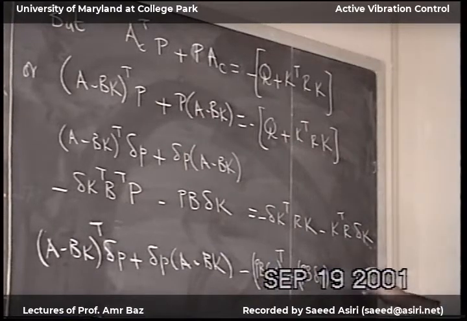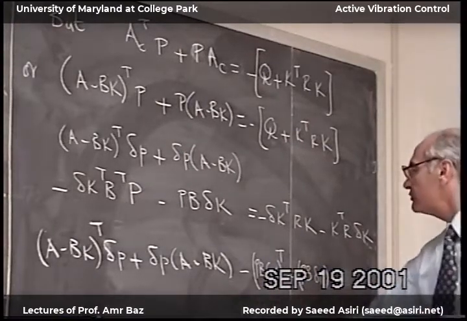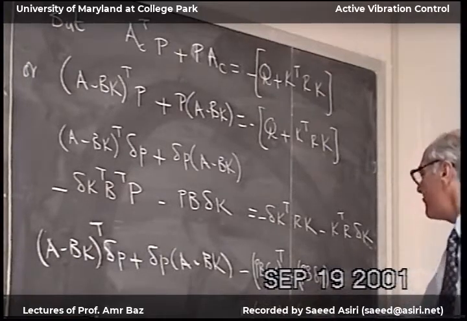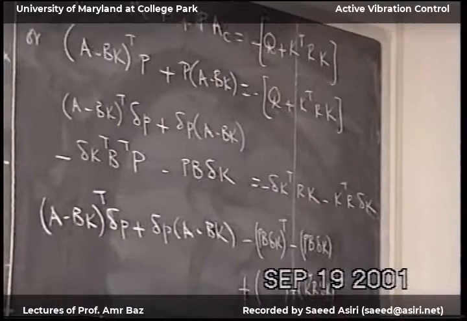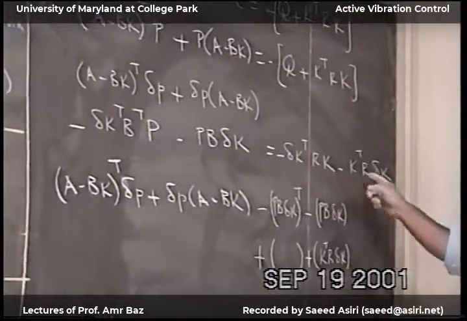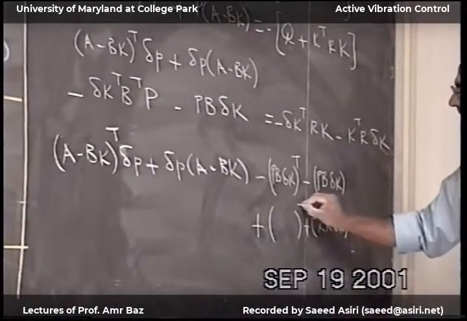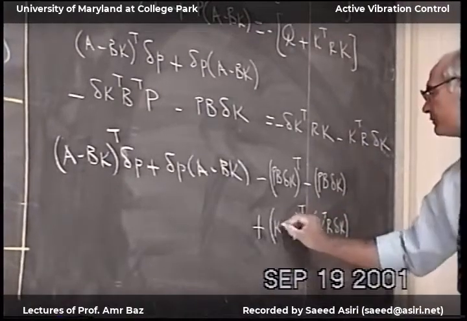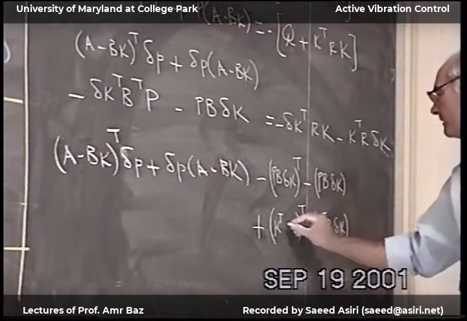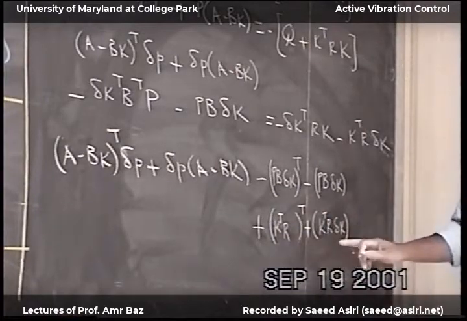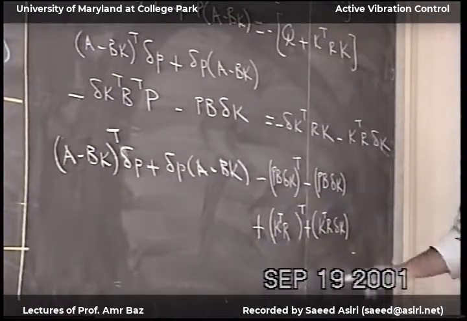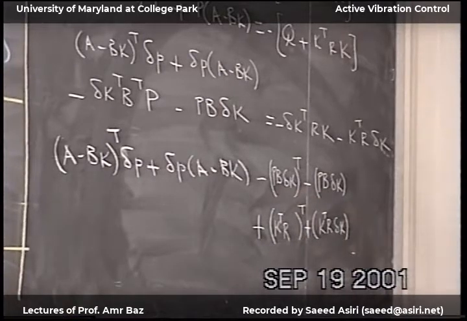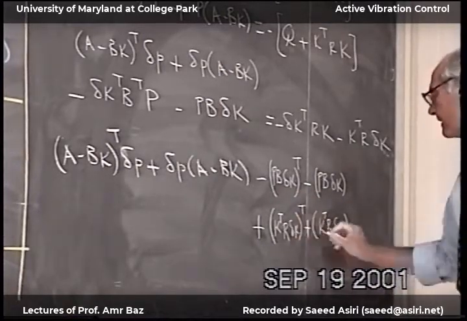The last term, I'm going to bring it to the right hand side, so it becomes K transpose R del K. Okay, and then this term looks like it if I take the transpose of it. So this will be K transpose R. In all these, the R and the P, because they are symmetric, I don't put transpose on them because the transpose will be the same. So this will be, and del K is equal to 0.